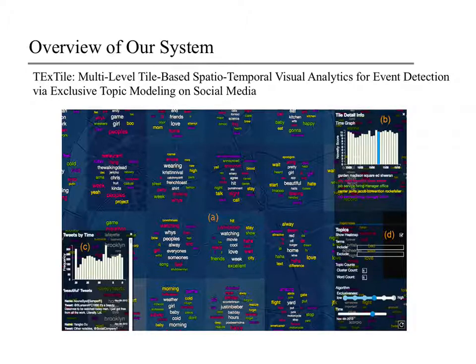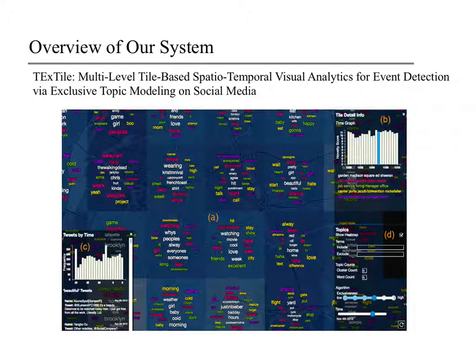This is a tile-based map. In each tile, the topic keywords are shown. The keywords are computed based on the topic modeling system, and each color represents the topic index, and the word size represents the word frequency. If you click a certain keyword, the frequency over time will be shown, and also the detailed tweets that include that selected keyword.